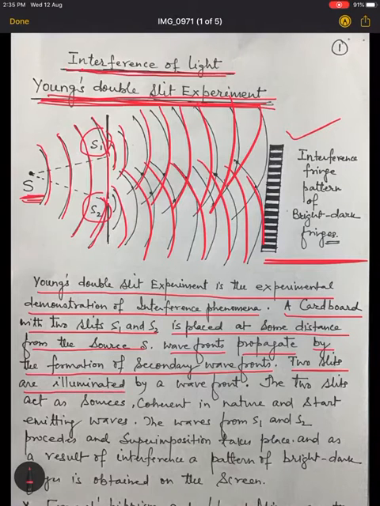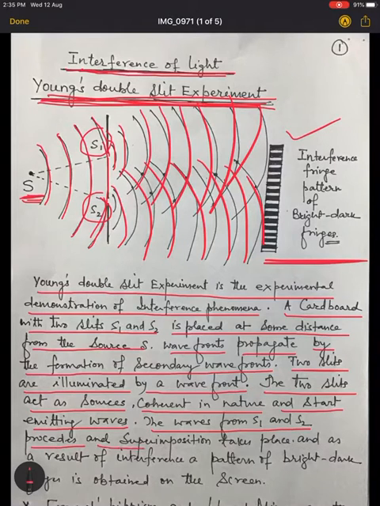Now the two slits are illuminated by a single wavefront. The two slits act as coherent sources and start emitting waves. The waves from S1 and S2 proceed and superposition takes place, and as a result of interference, a pattern of bright and dark fringes is obtained on the screen.